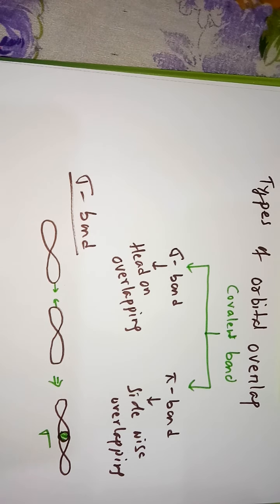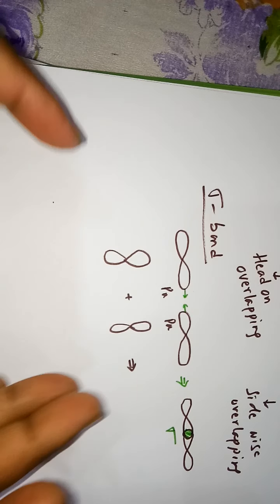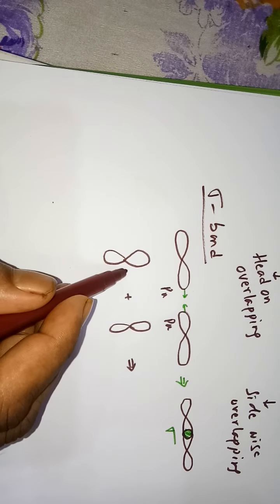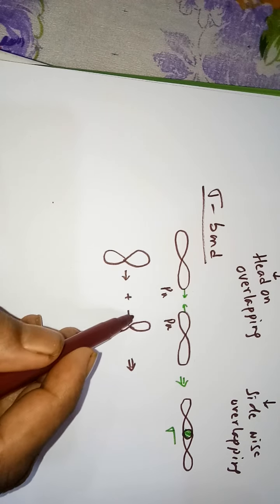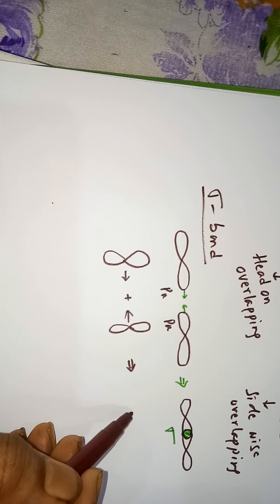Now we have considered this is px orbital, this is px orbital. Now if I take py orbital, this is py and this is py orbital. When these two orbitals come closer to one another, what will happen?